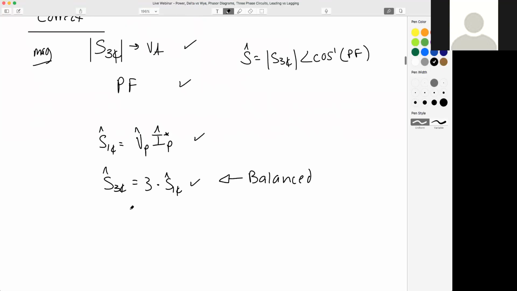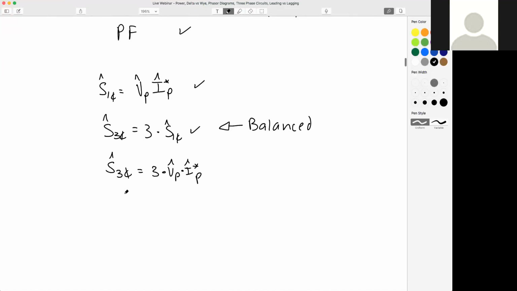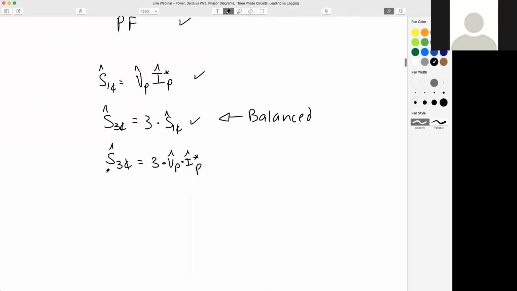So that's perfectly okay too. So you can always expand that. And I won't go too far into detail on this, because all of this is in the beginning of the power bootcamp. I just want to make sure we do touch on it tonight for those of you that haven't had a chance. Okay, so this is all perfectly okay. So you can get your magnitude, right, would be 3 times your phase voltage magnitude and your phase current magnitude.